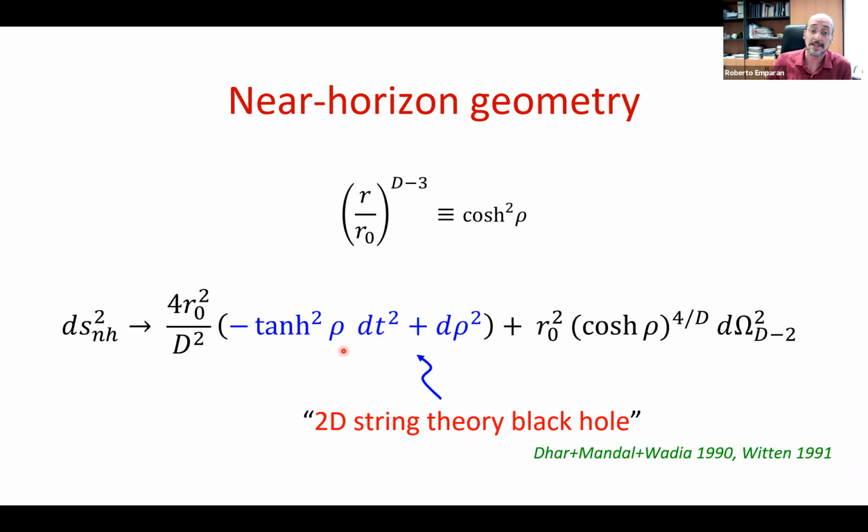The fact that this solution appears at the large D limit of Schwarzschild was in fact realized many years ago, maybe not completely understood, but Soda found it, and later Emparan and collaborators also found it. The solution in string theory was found by other people, and mostly analyzed by Witten in 1991. So this hints at connections to string theory.